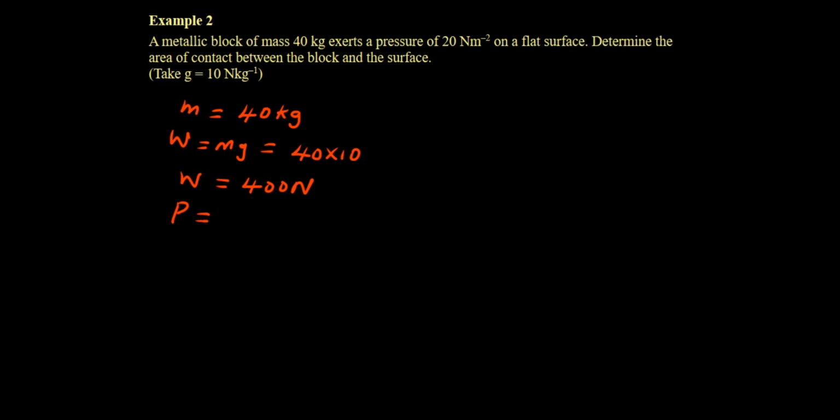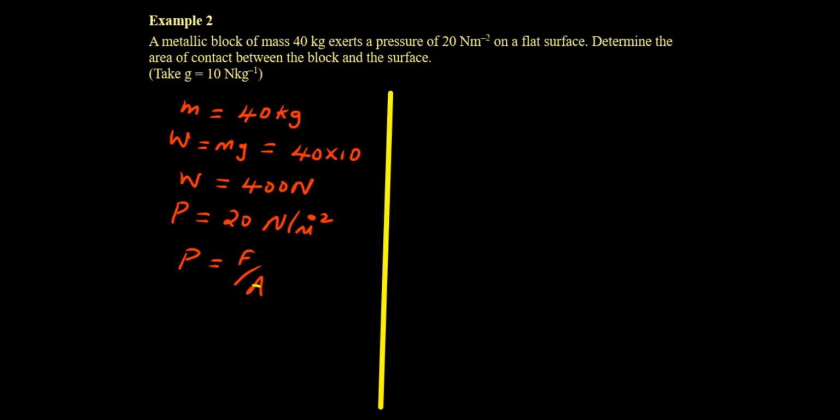The pressure is given as 20 newton per square meter. Determine the area of contact between the block and the surface. So from the formula of pressure, pressure is equal to force over area. We are looking for area, so we say area is equal to force over pressure.